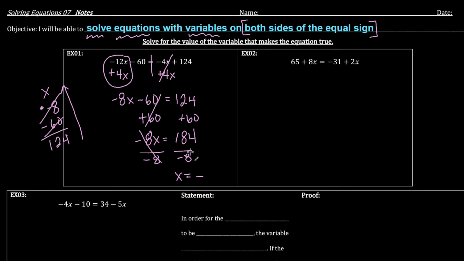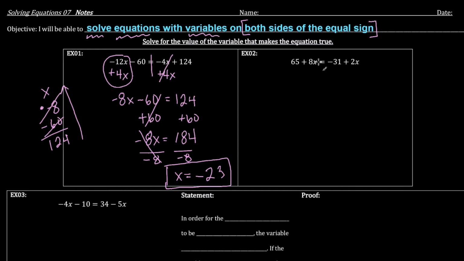I will have to try this one out on my calculator. So 184 divided by 8 is 23. So negative 23. I probably could have done that one in my head faster than it took to use my phone calculator.